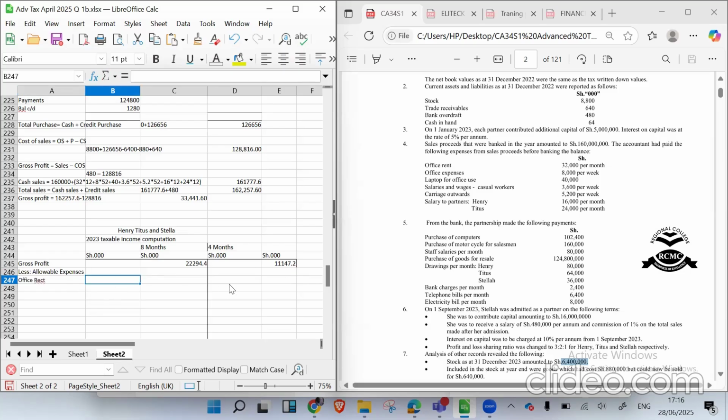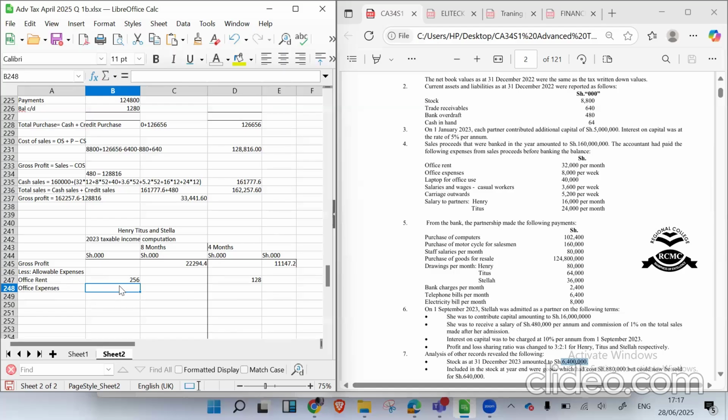Put here for 8 months, we put here for 4 months. Can do 32 times 8. Na hii side ingine ni 32 times 4. Je, iko sawa? Very okay. Office expenses, 8,000 per week.